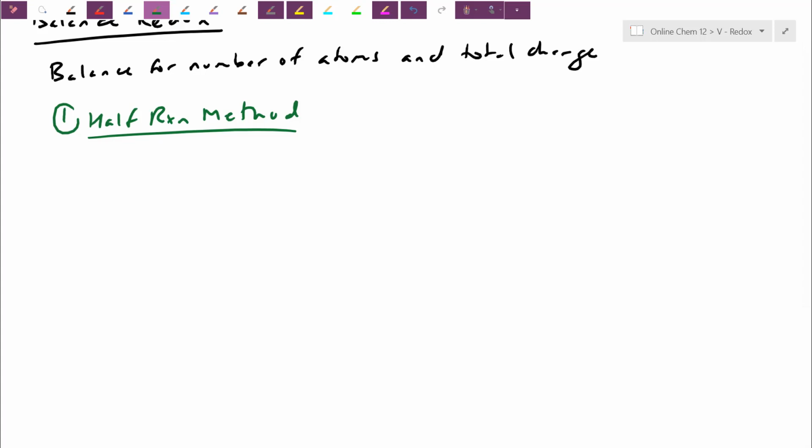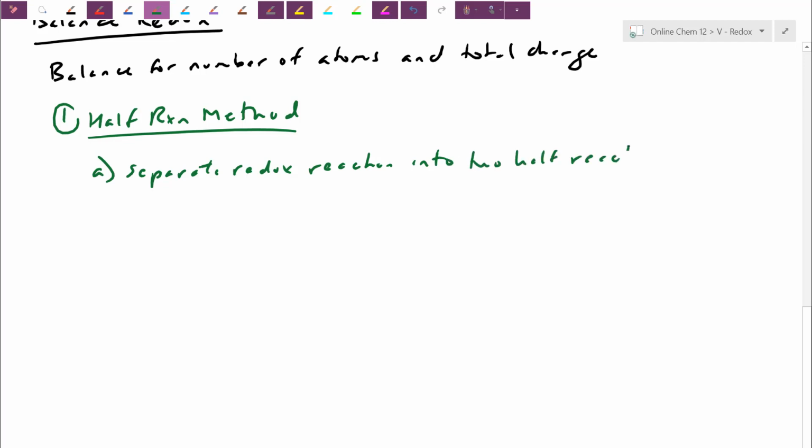Okay, here's our strategy. Part A, I want you to break up the equation that we have, separate your redox reaction into two half reactions. Since a redox reaction is part reduction and part oxidation, I want you to break up which part is oxidation, which part is reduction.